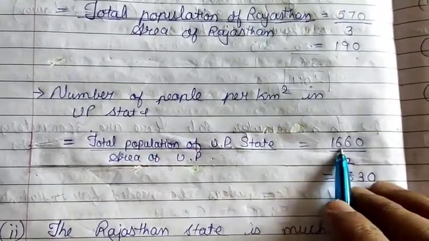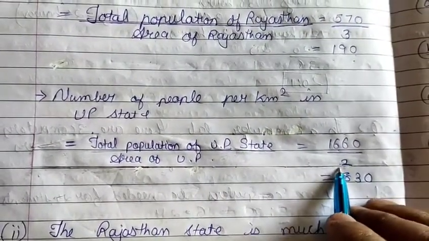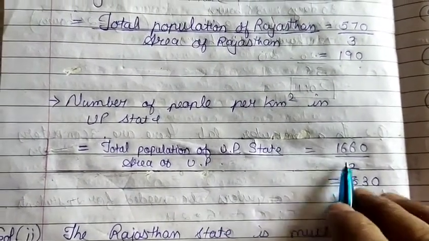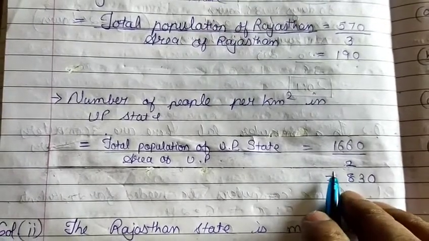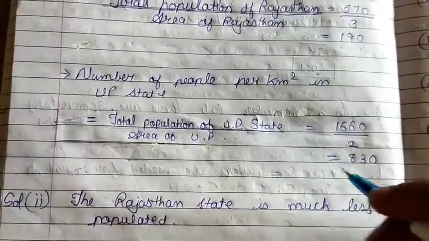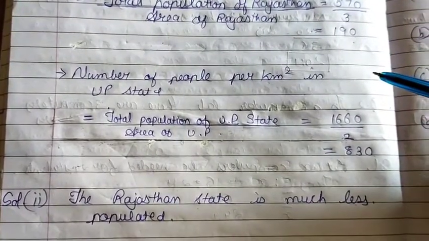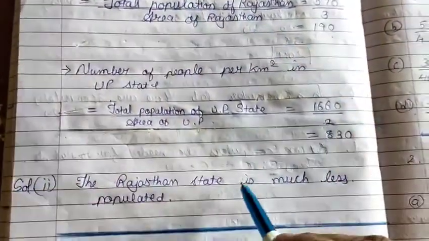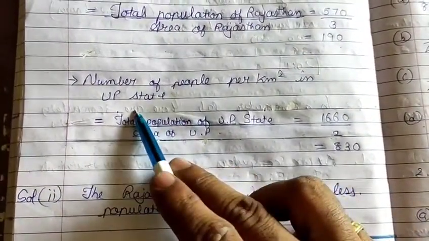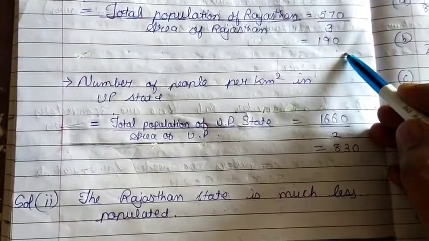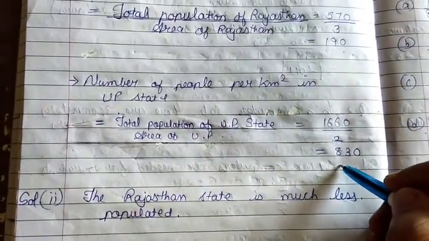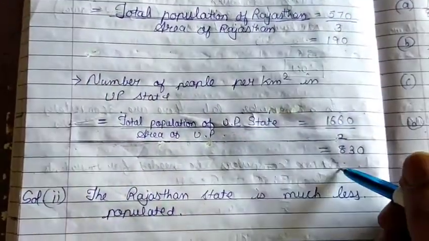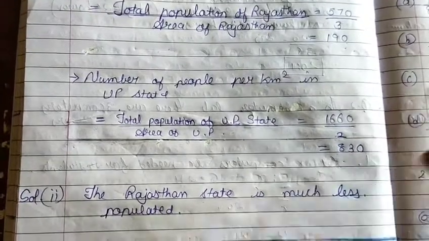The total population of UP is 1660 divided by 2, the area. So when you divide, you will get 830 lakh people per square kilometer. So from both, we can say that population density of Rajasthan is much less than that of UP. It's just 190 lakh people per square kilometer, and here it is 830 per square kilometer. So here the number of people is much less compared to UP state.